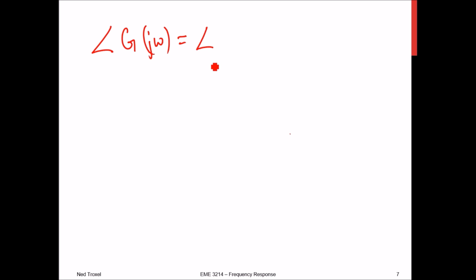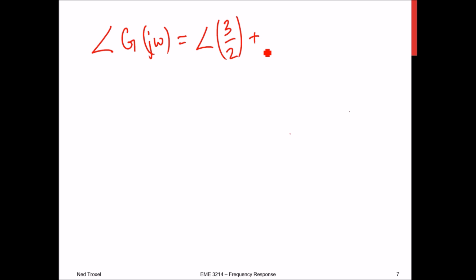And phase. Angle of G at j omega. That's going to be, actually we do have to take the angle of this 3/2 portion, but that's basically going to be 0. If it was negative, now it would be 180.